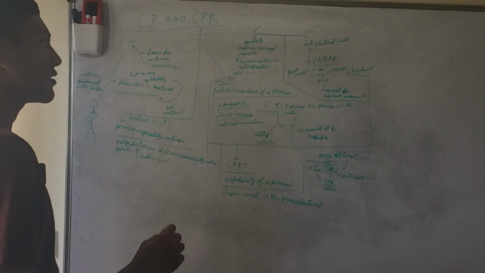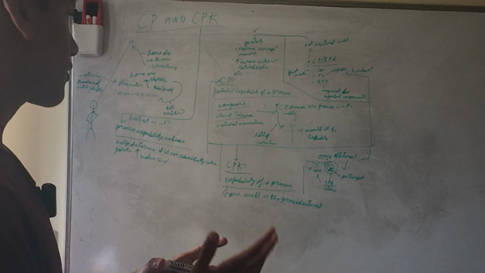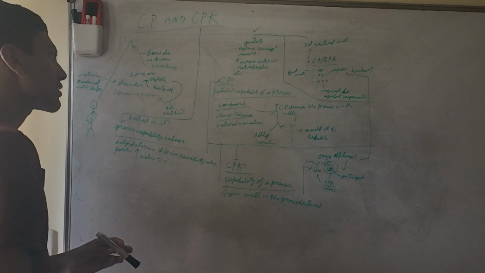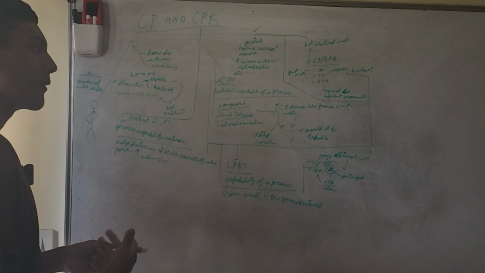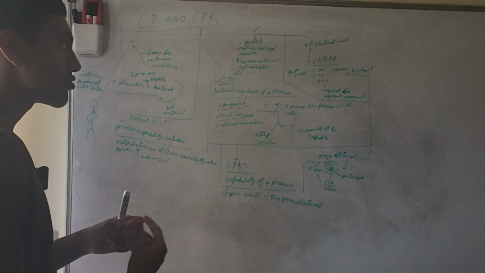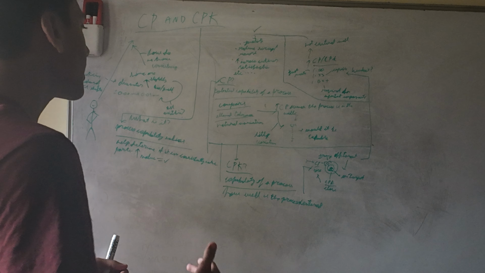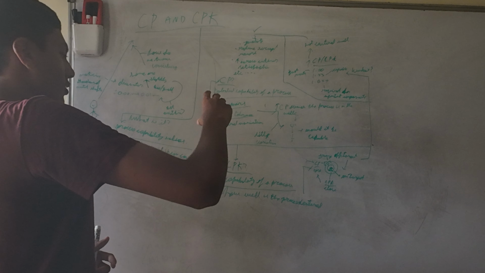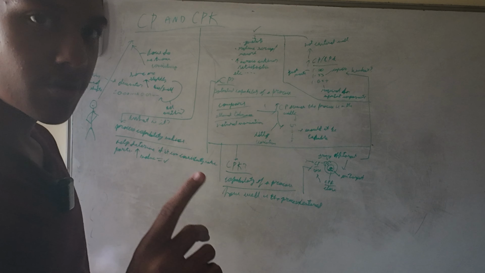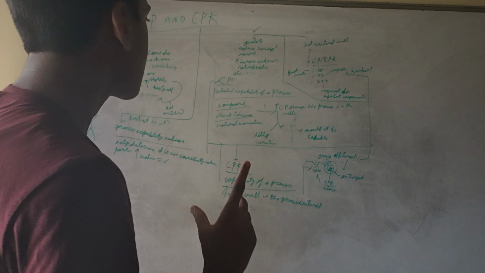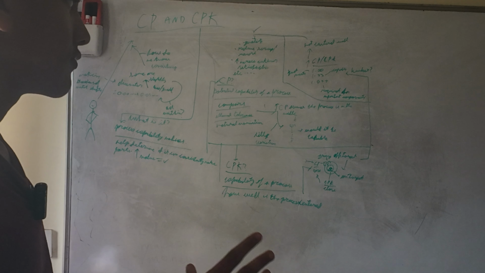So what is CP? Basically, CP measures the potential capability of a process. It compares the allowed tolerance to the natural variation of the manufacturing process. But here's something super important: CP assumes that the process is in the middle of the tolerance level.